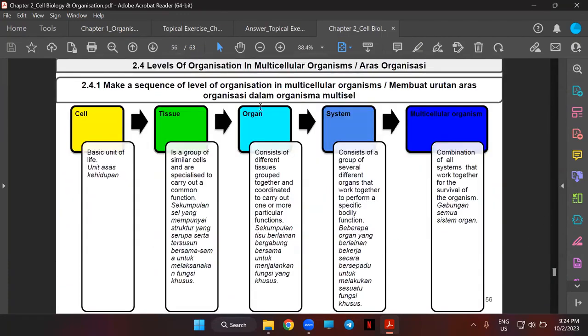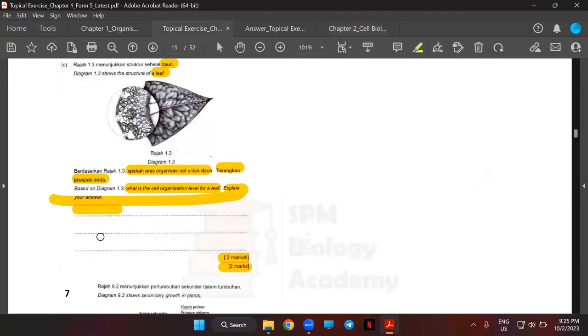Over here. What is organ? Consists of, Tio, can you see this? Different tissues grouped together. Sekumpulan tisu berlainan. You see? Tisu berlainan. Okay, let's answer. How to answer this question. Okay, markah kedua.